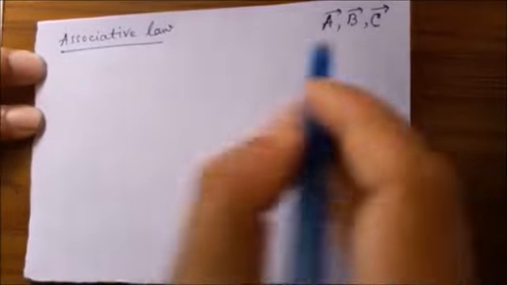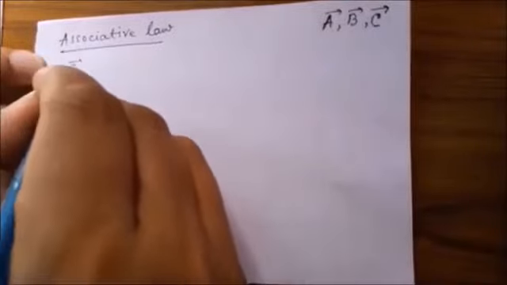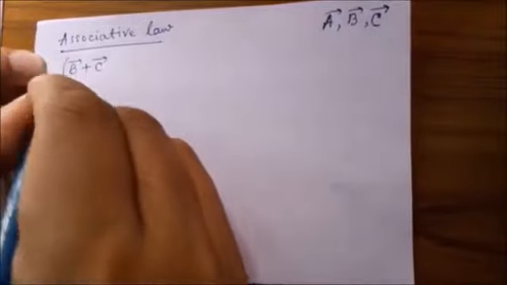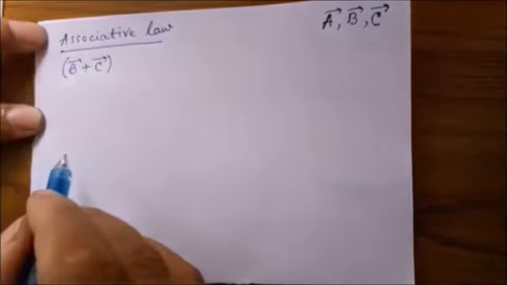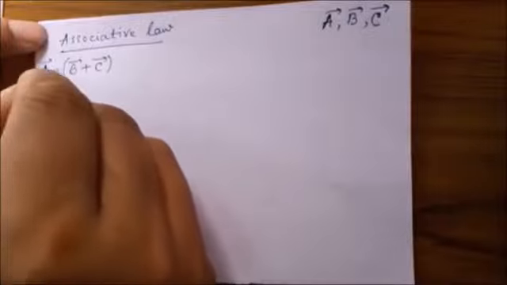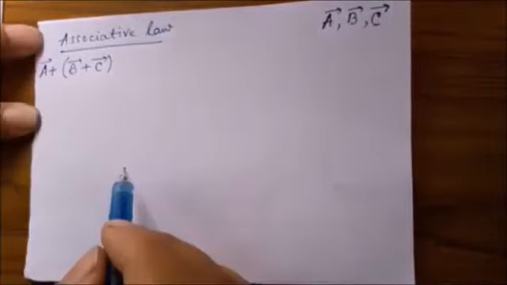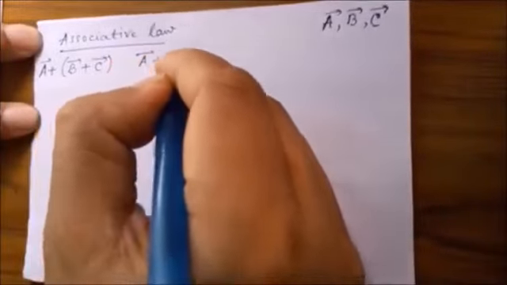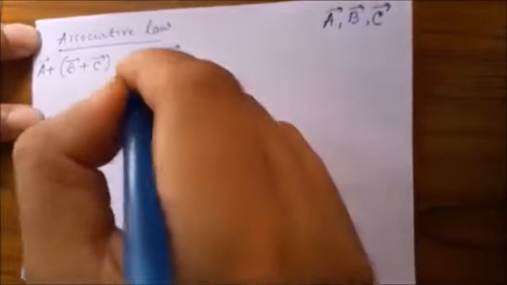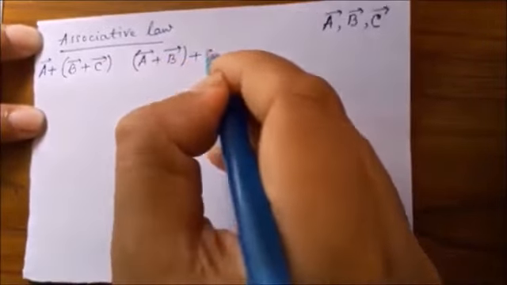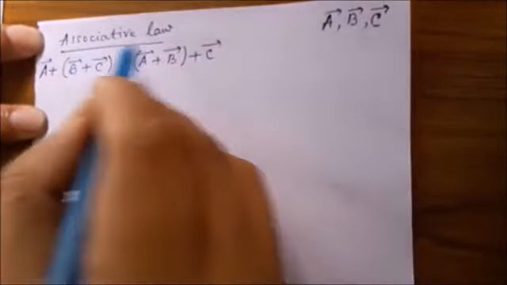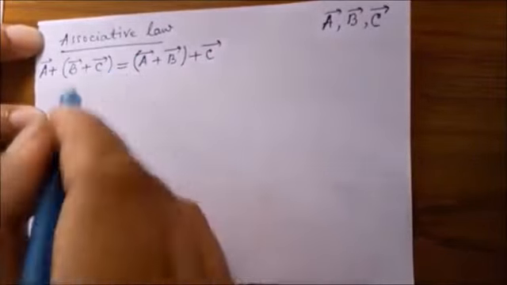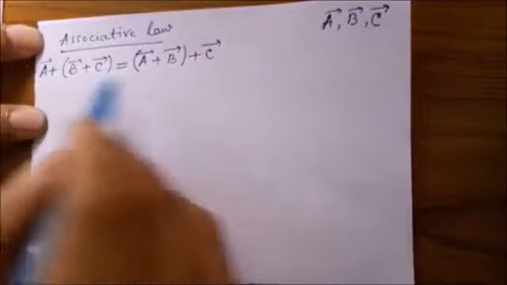For instance, we can add B and C, and the sum which we get can be added to a vector A. So we have this thing. Alternatively, one can add A and B first. So we have A and B, and to it we can add the remaining vector C. Now according to associative law, the two modes of association lead to the same result. So this is what we get.